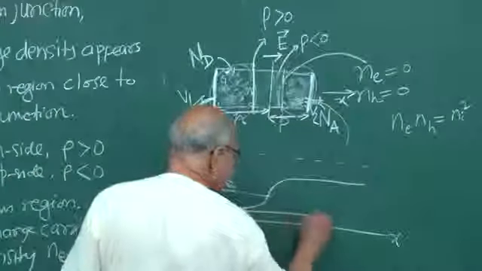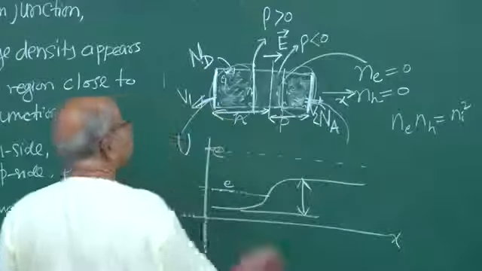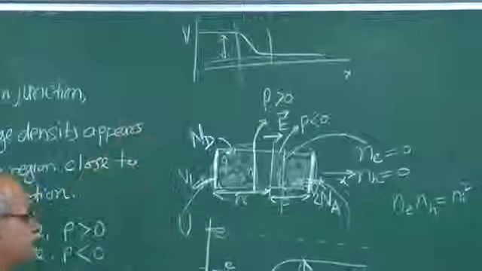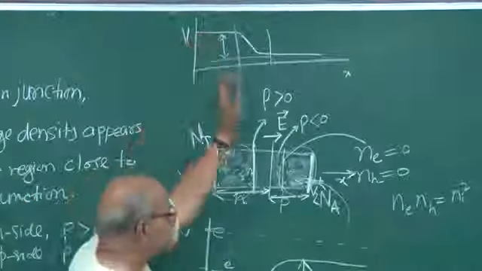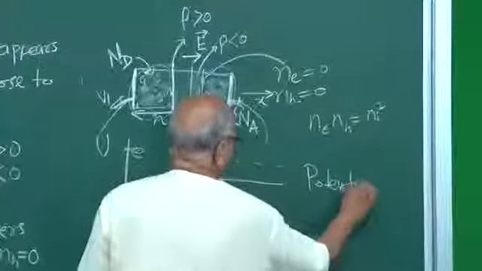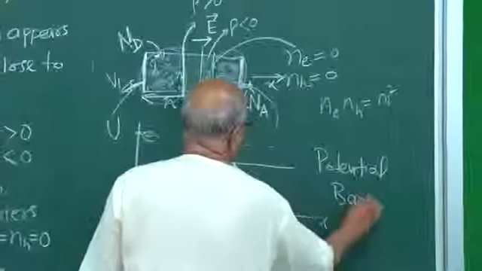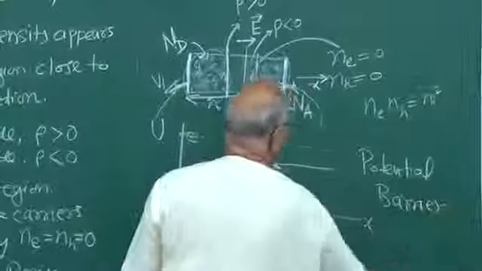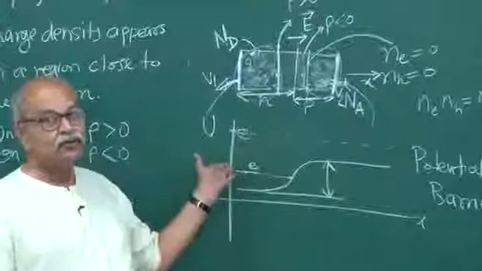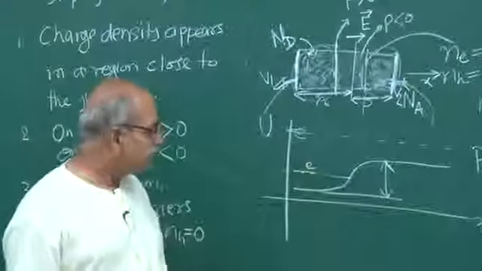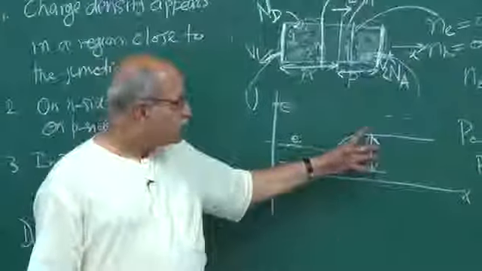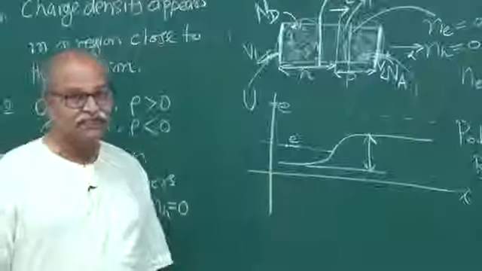So this height, this difference, is the same as this difference. The units are different: this is voltage, this is energy. This difference is known as the potential barrier. It opposes the diffusion of electrons from the N-type side to the P-type side. So in our next lecture, we will derive the relation between this potential barrier and other parameters of this p-n junction.